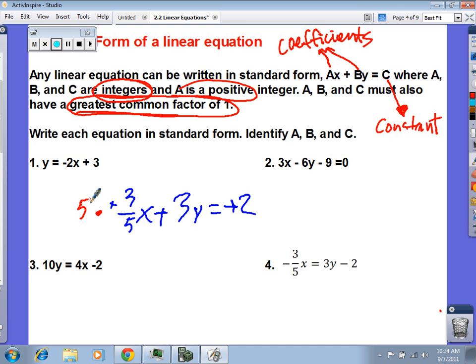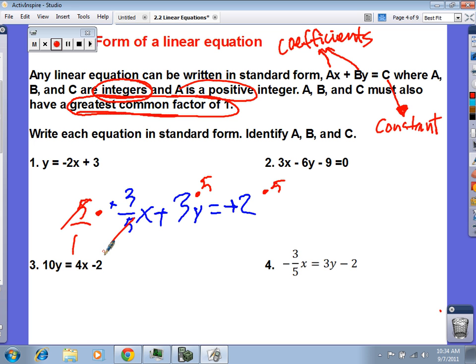And it's only legal if you times each piece by 5, each term. Because look at your fractions. 5 times 3/5. If you make 5 a fraction, it's 5 over 1. And if you've got a 5 on top and a 5 on bottom, they cancel. So to get rid of a fraction, you just times by the denominator.